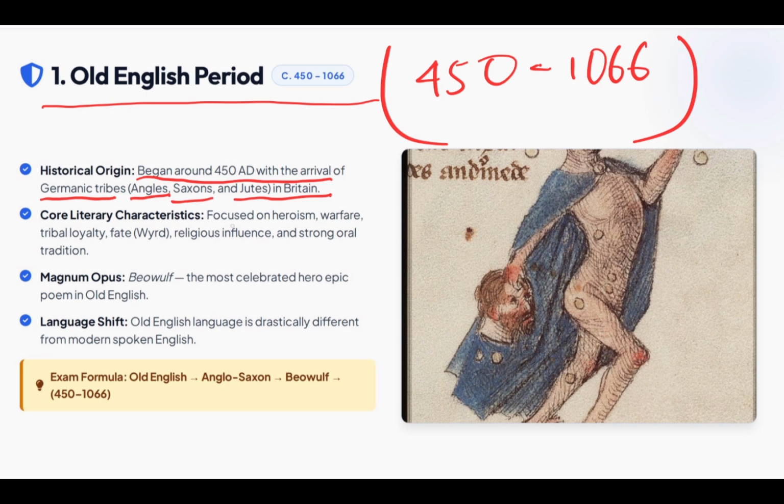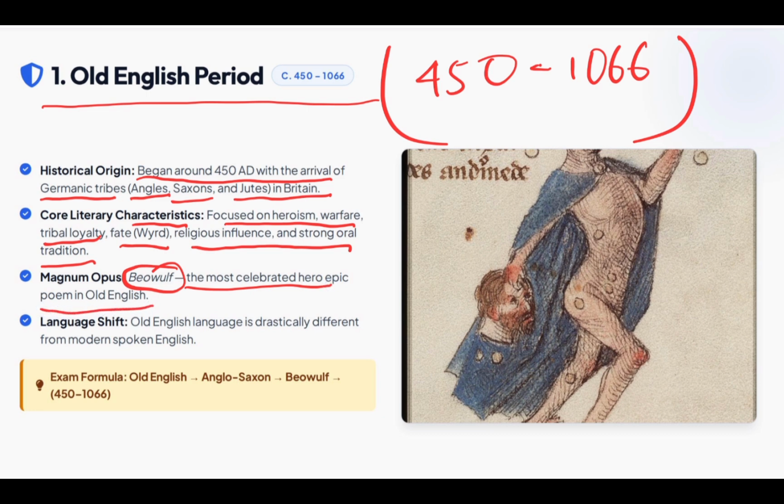The core literary characteristics are heroism, warfare, tribal loyalty, faith, religious influence, and a strong oral tradition. The major literary work from this period is Beowulf, the most celebrated heroic epic poem in Old English.